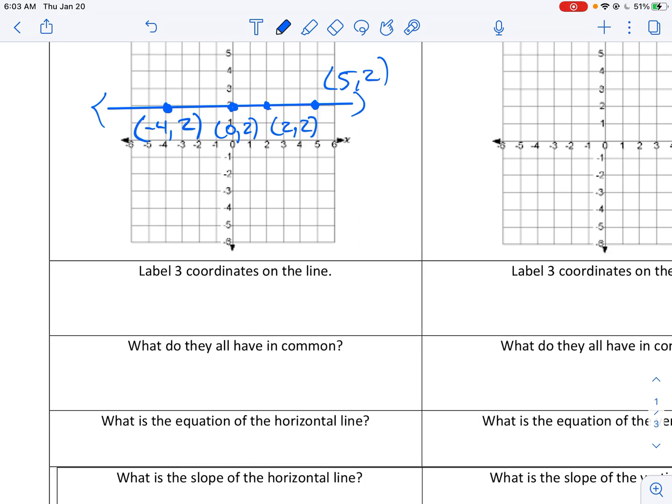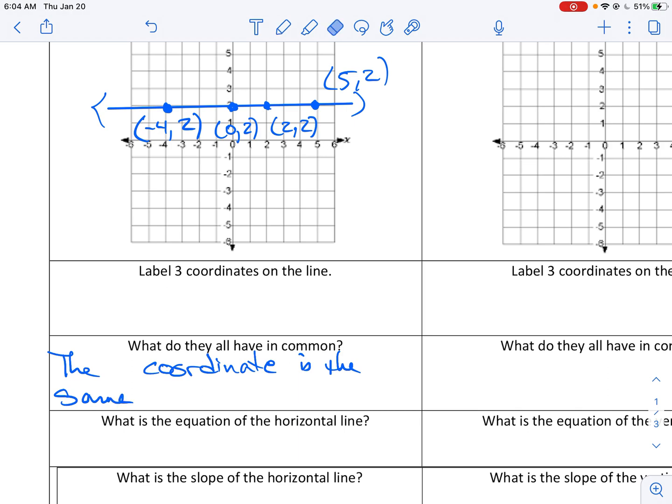So, what do they all have in common? Well, if you look at every single one of those points, each one of them has a 2 in common. The x-coordinate is the same. How about not the x-coordinate?